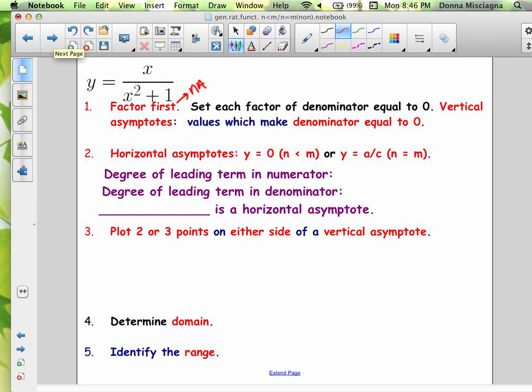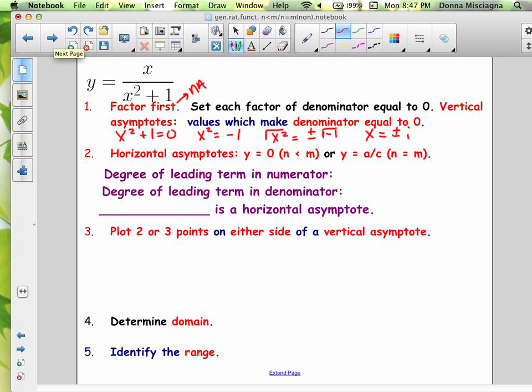All right, so if we try and set x squared plus 1 equal to 0, we would have x squared equals negative 1. And if we take the square root, and don't forget, always plus or minus if we have something squared, or something to any even power, and we take the square root of negative 1, square root of negative 1 is i.